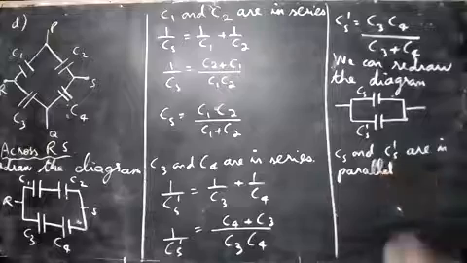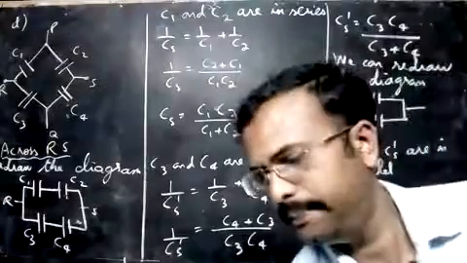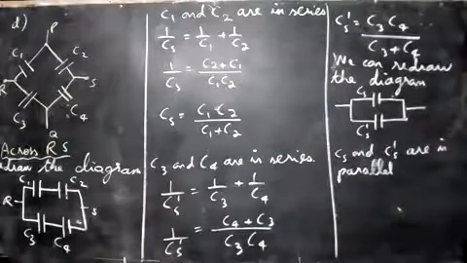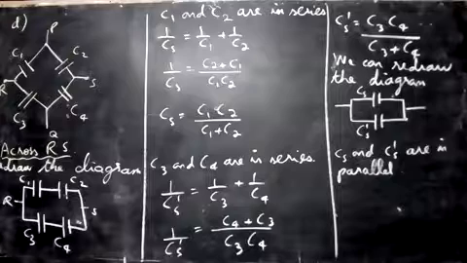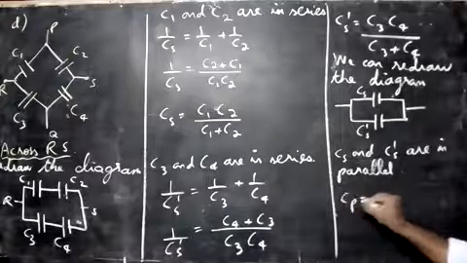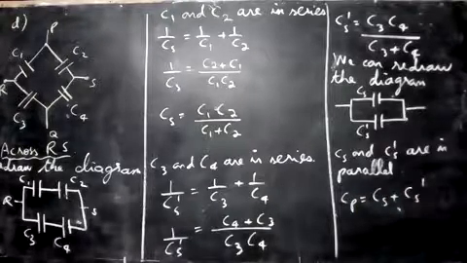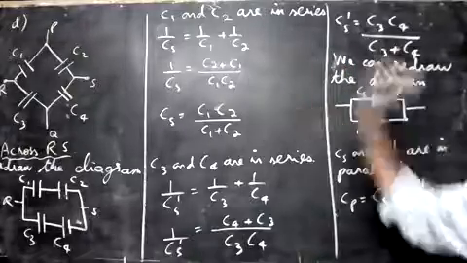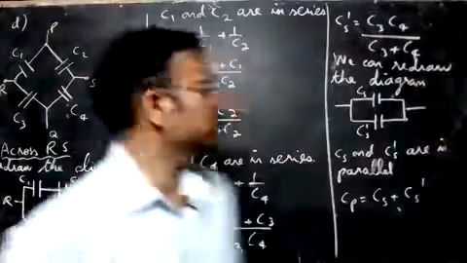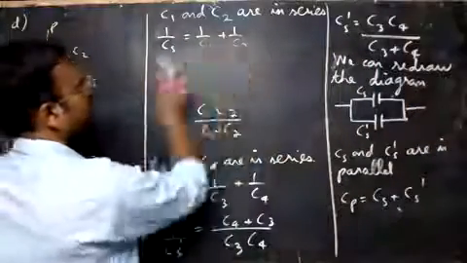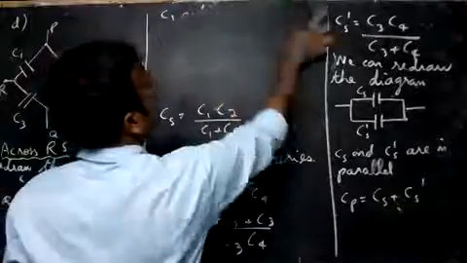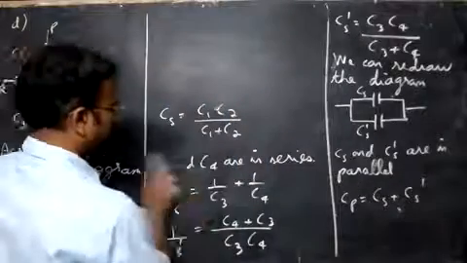Because they are in parallel, let me take chalk here. What to do? We can add them. So CP is equal to CS plus CS dash. Just add them. Let me rub this part and then do the calculation there.